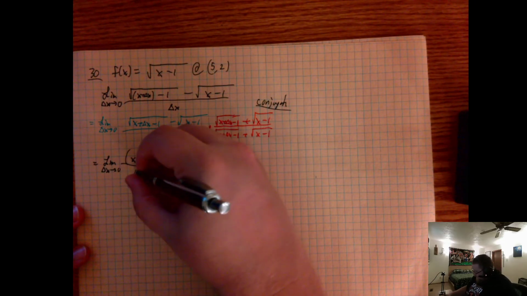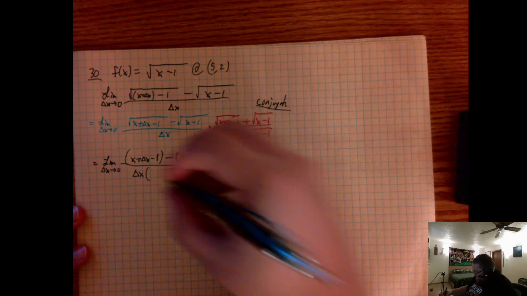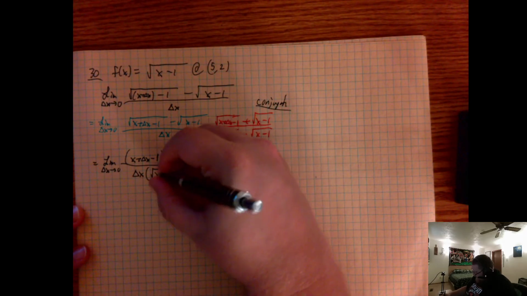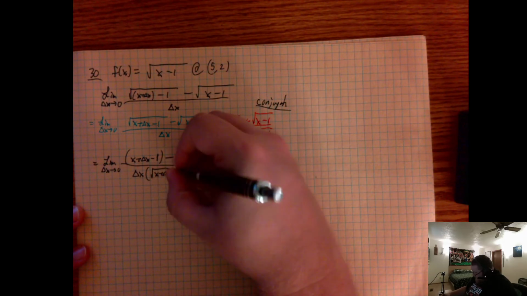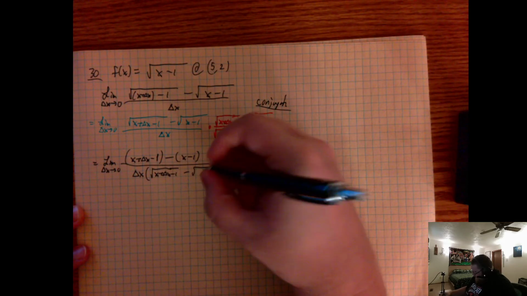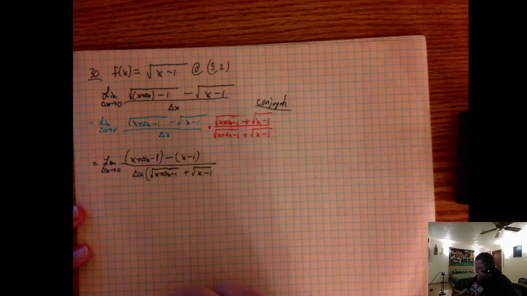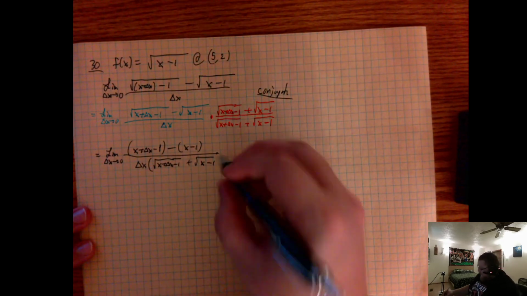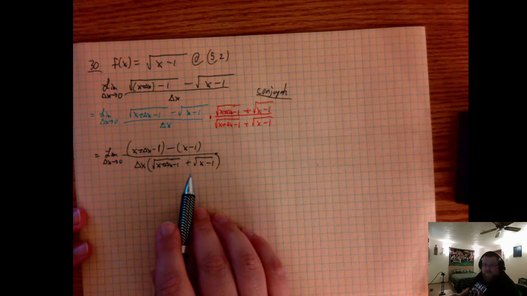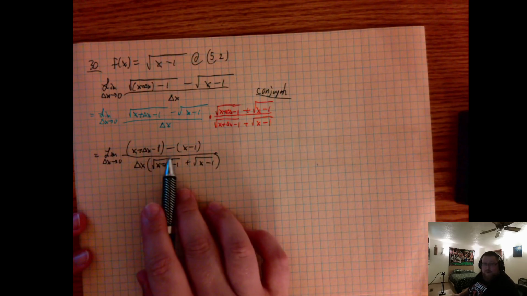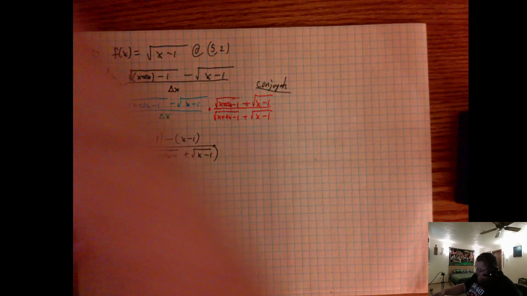On the bottom, I'm just going to leave it as we wrote it, which was the square root of x plus delta x minus 1 plus the square root of x minus 1. The reason I'm going to do that is because watch what happens to the rest of it. I don't want to simplify that bottom piece because it doesn't simplify. But watch what happens to the top piece. I can distribute my negative.